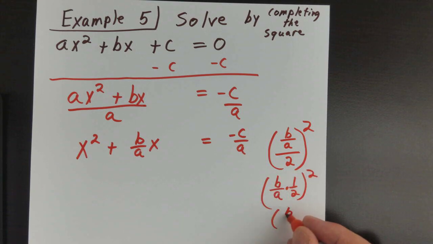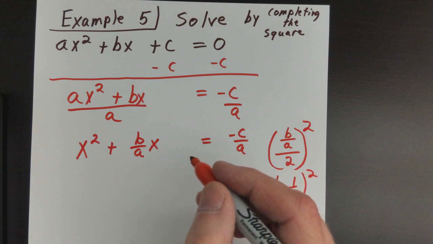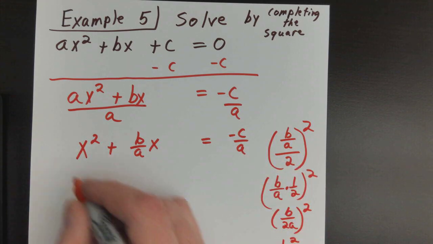Then I've got b over 2a, and I'm going to square that. When I square that, I get b squared, 2 squared is 4, and a squared is a squared. So b squared over 4a squared. That's what I'm going to add to both sides.